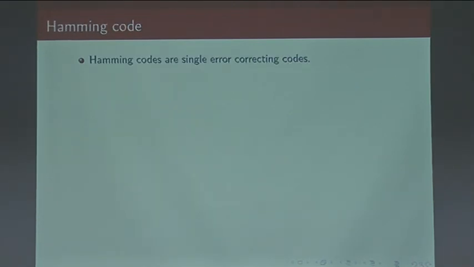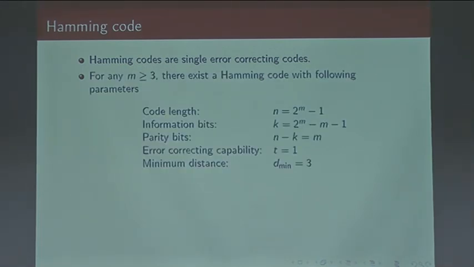The next code I am going to talk about is Hamming codes. Hamming codes are single error correcting codes, and these are the parameters of the Hamming code.